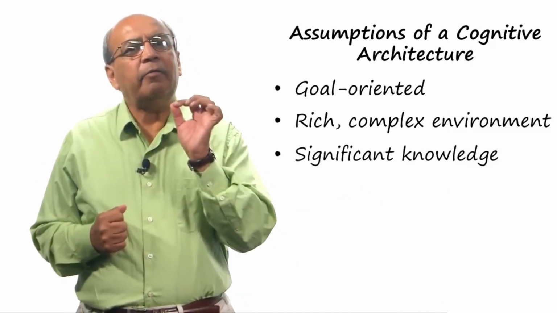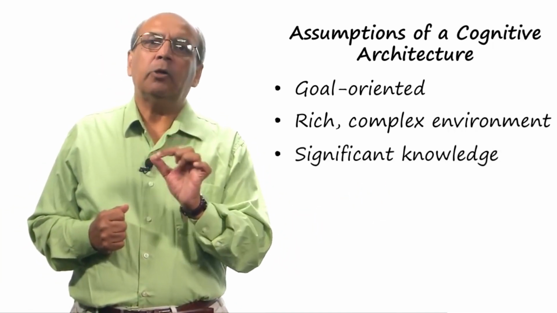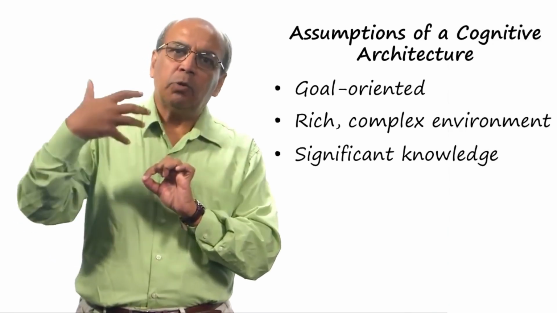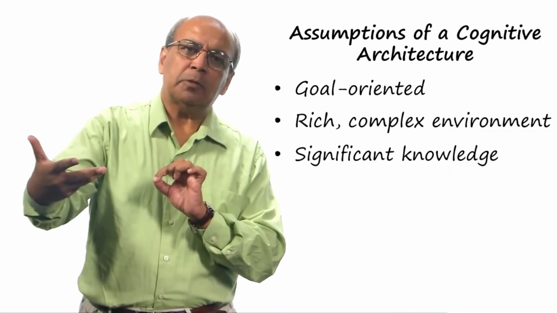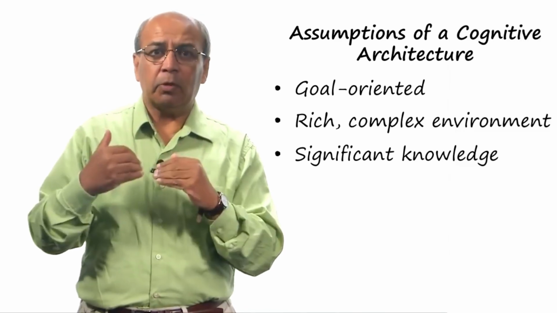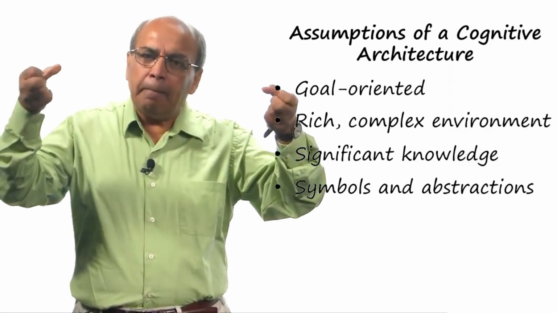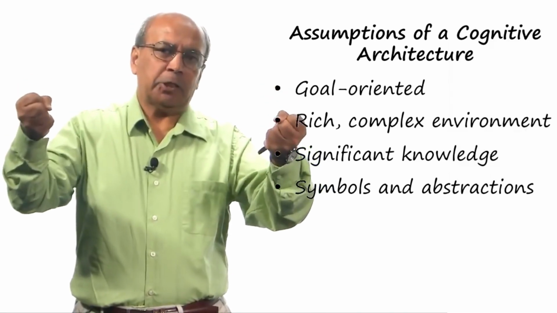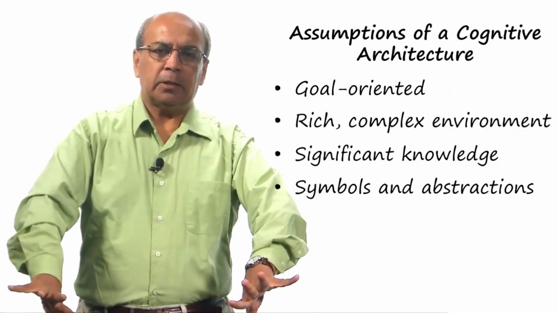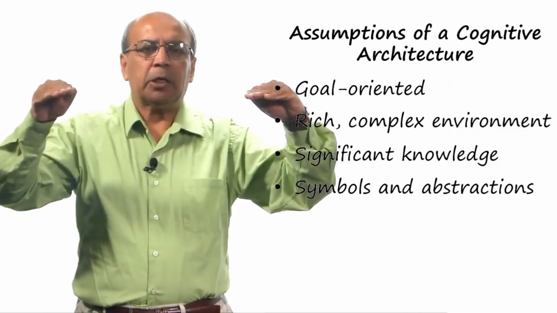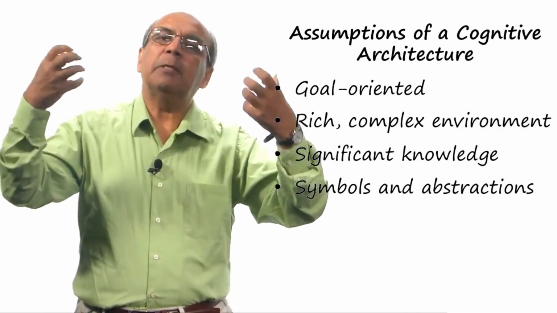Third, these cognitive agents use knowledge about the world in order to pursue their goals in these rich, complex, dynamic environments. Fourth, that this knowledge is represented at a particular level of abstraction that captures the important things about the world and removes all the details. And at that level of abstraction, knowledge is captured in the form of symbols.